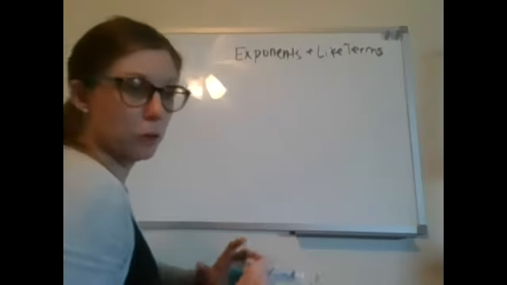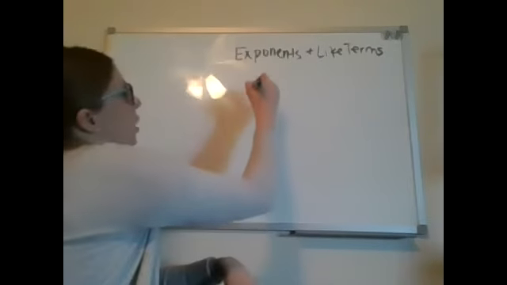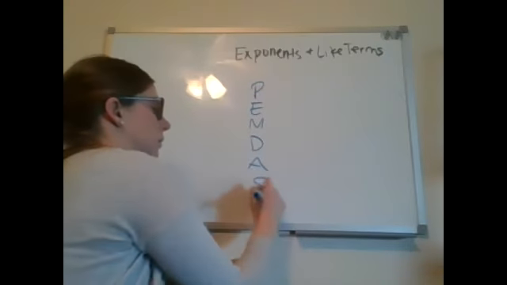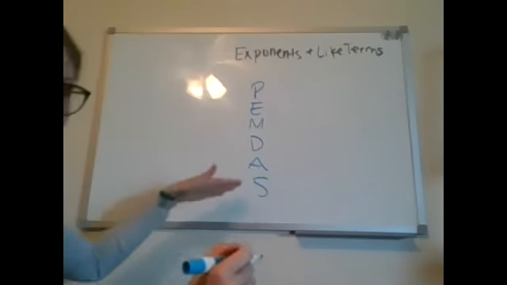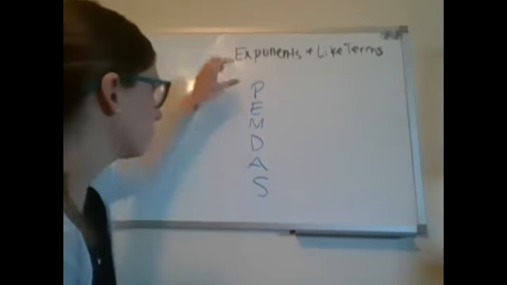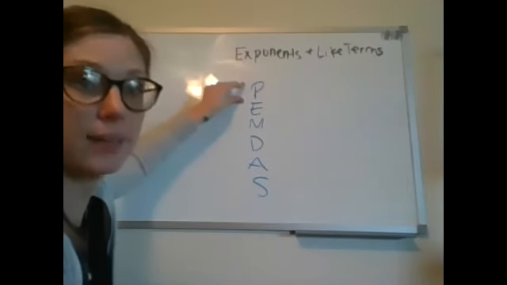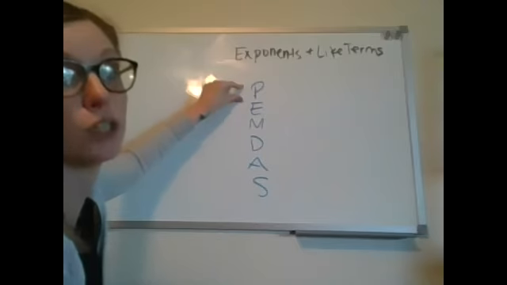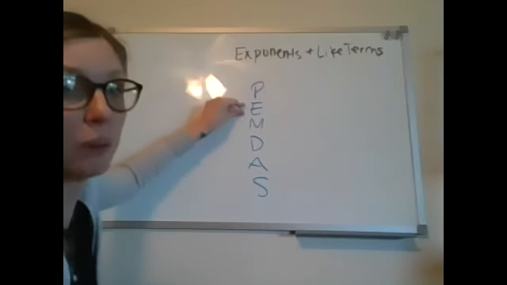Let's do a quick overview of our order of operations, our PEMDAS. So this is the order in which we do things mathematically. First, we do parentheses. Anything inside parentheses has its own separate order of operations, which I will show you in just a moment. Then we do exponents.